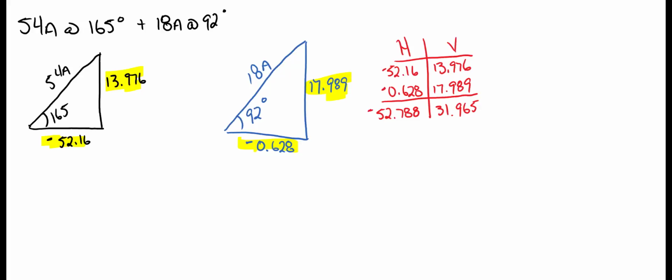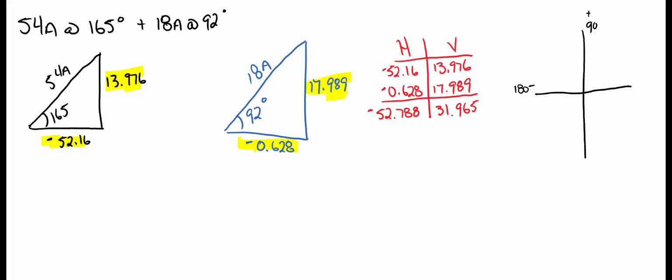Once again, really quickly, let's just graph that. So if I have a negative horizontal, I know I'm going to be somewhere out towards 180. And I have a positive vertical, I know I'm heading up somewhere towards 90.